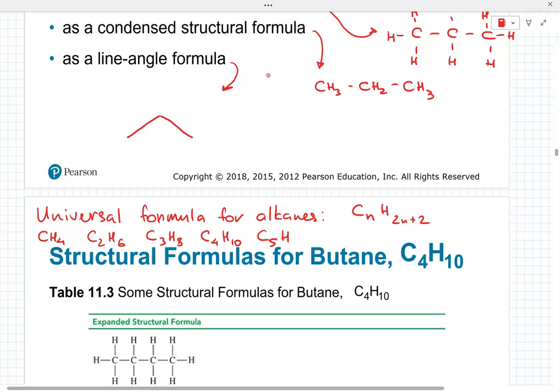C n H 2n plus 2. Yes. All alkanes, all of them, follow that formula. No exceptions. Because it is a defined number of bonds. Okay?